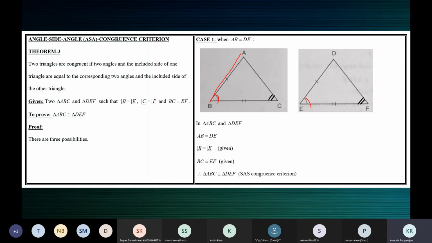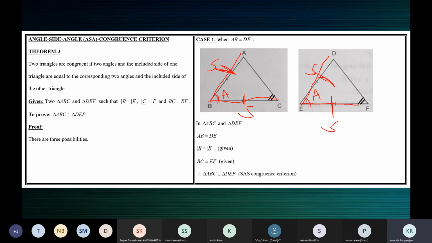These are the arms of angle B, and these are the arms of angle E. We know that this arm of angle B is equal to this arm of angle E. If the other arms are also equal, then it will make SAS, because two sides and the included angle are equal. So it's all dependent on AB and DE.